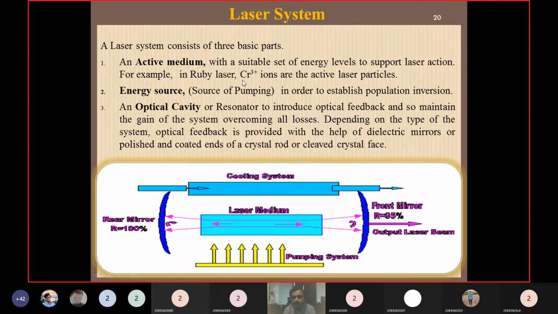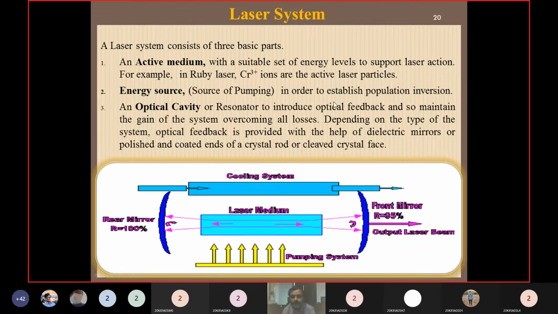That's why Cr3+ is the active medium. The medium in which lasing action is possible, we call the active medium.